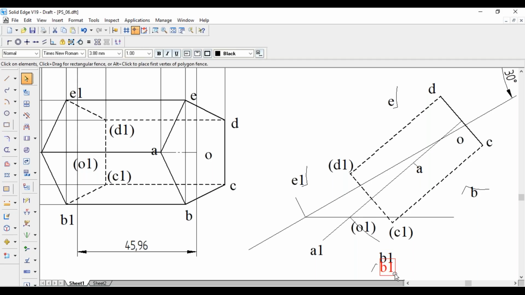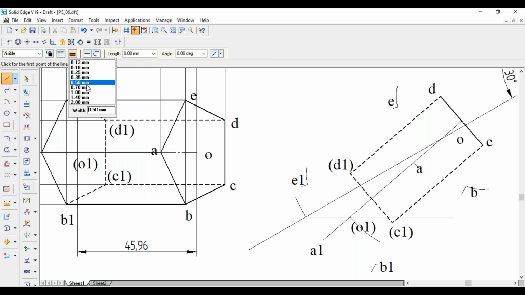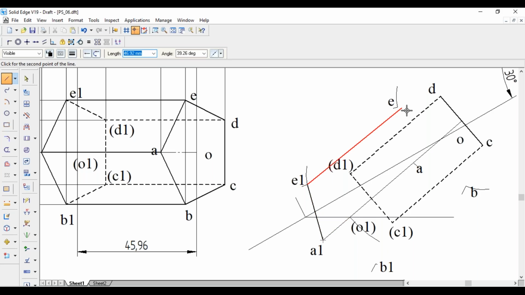Whatever the nature of the lines is here, construct the same way here also. A1 to E1 is a continuous dark line. Similarly E to D, and from C to B, to B1, to A1.